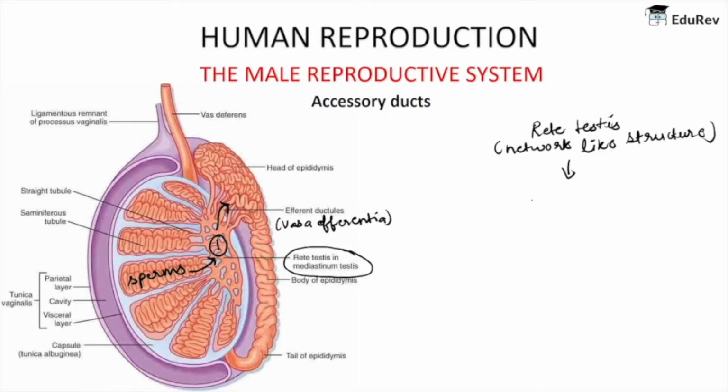So I won't write efferent ductules; rather, I will write down vasa efferentia. This is the opening after the rete testis, and this is the second duct. Got it? Vasa efferentia is the second duct into which the sperm enters next.